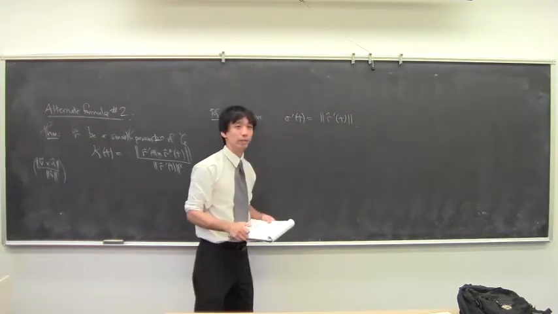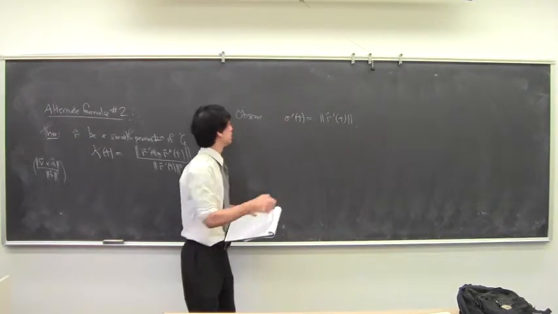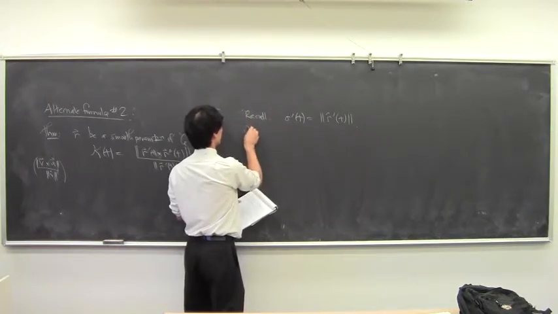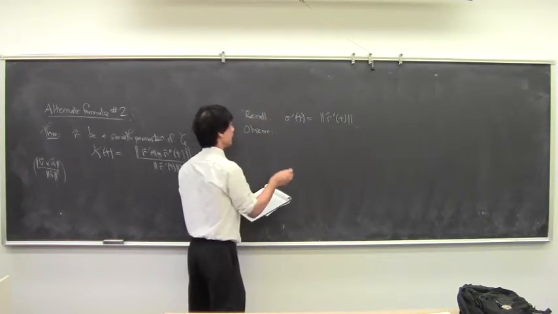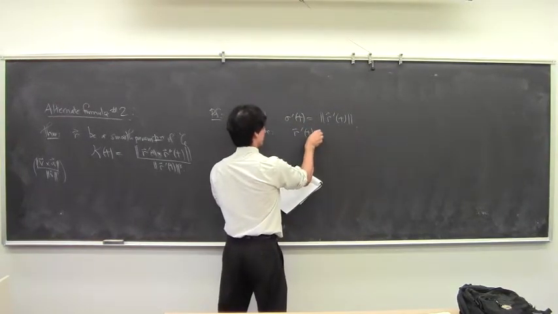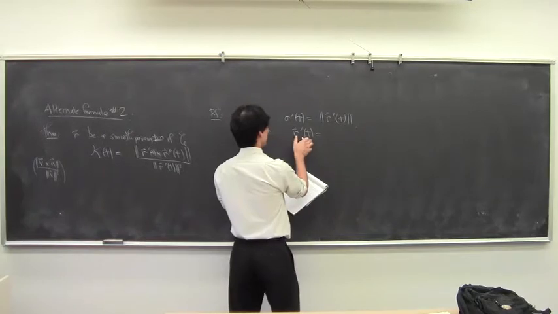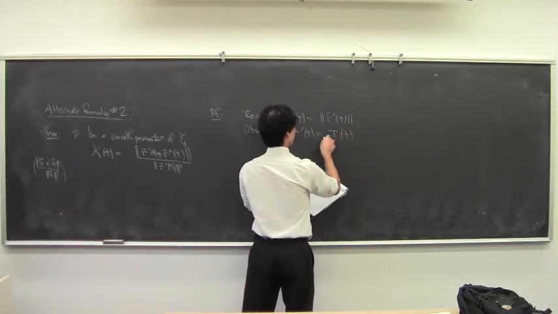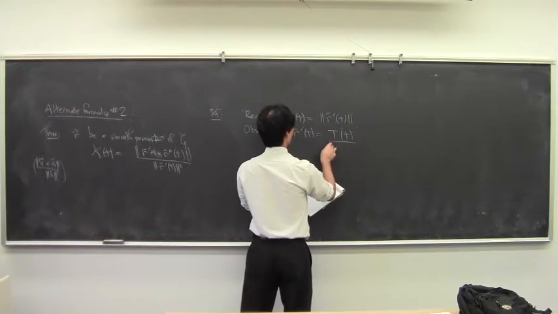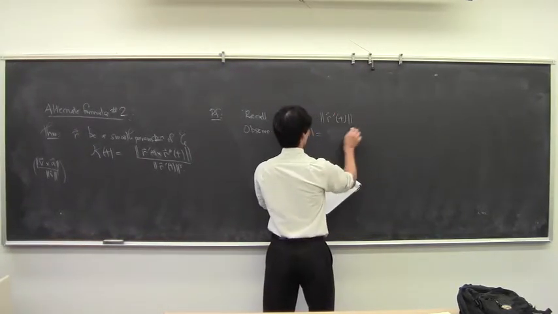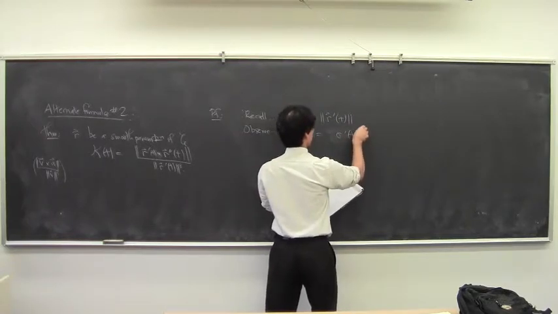So maybe recall that, and then observe that the velocity is going to be the unit tangent multiplied by the speed. Right?